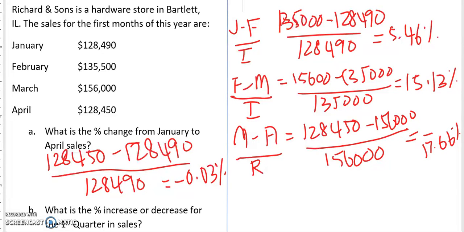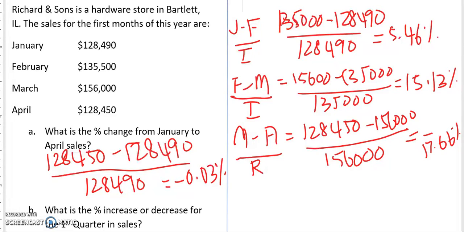During January, the sales were 128,490. That is the end of January. At the end of March, it is 156,000. If I had known the beginning of January and the end of March, that would be the best way to do it.